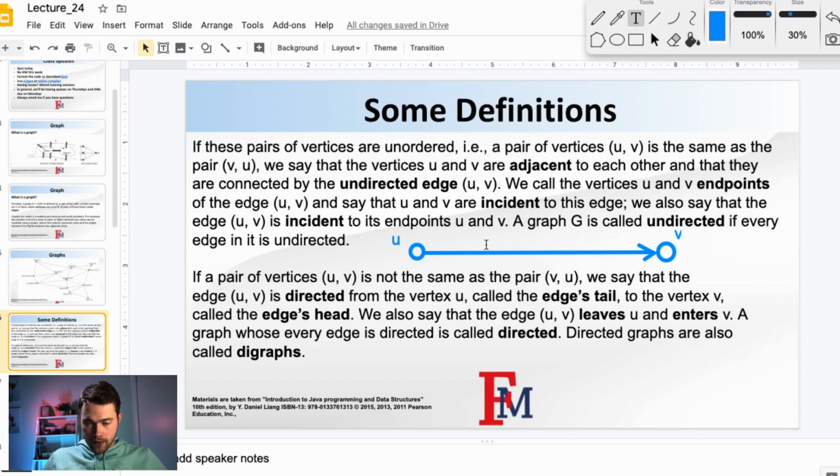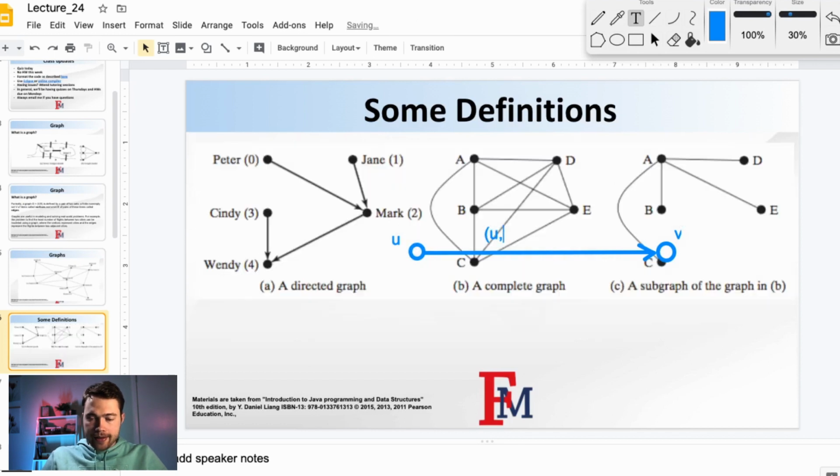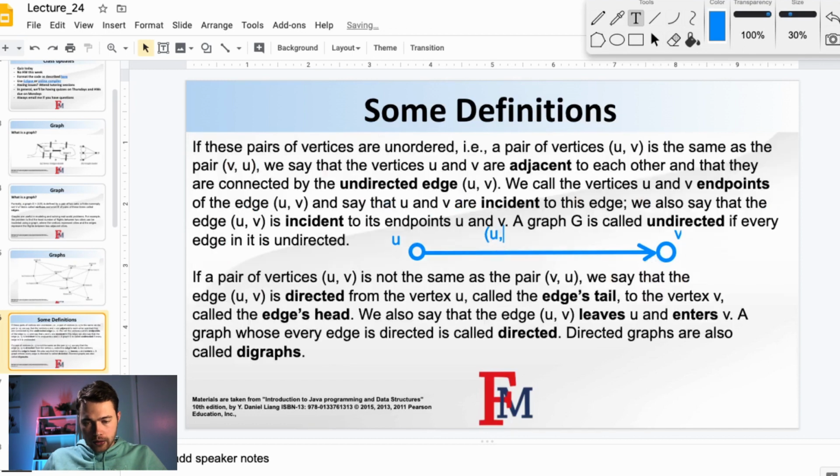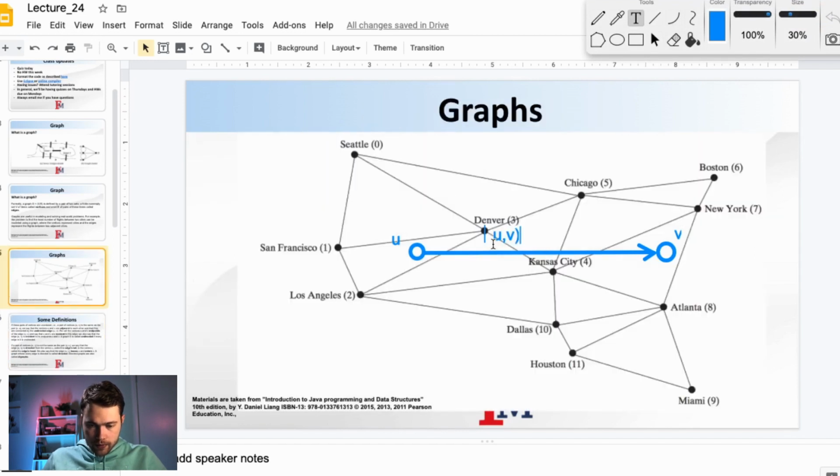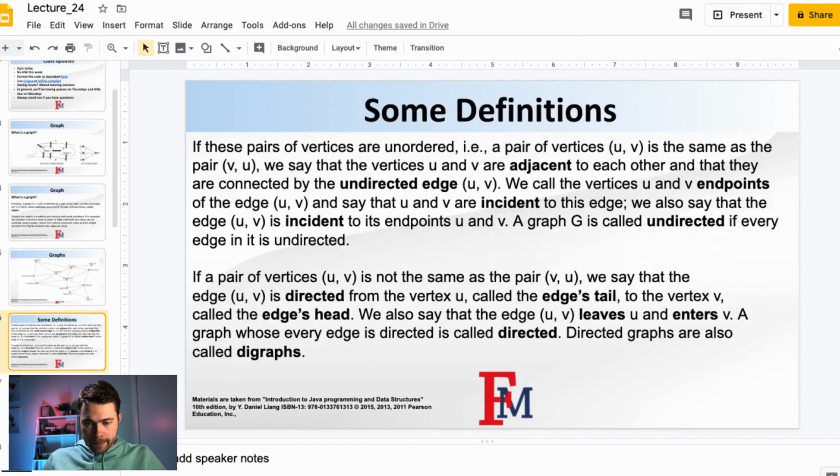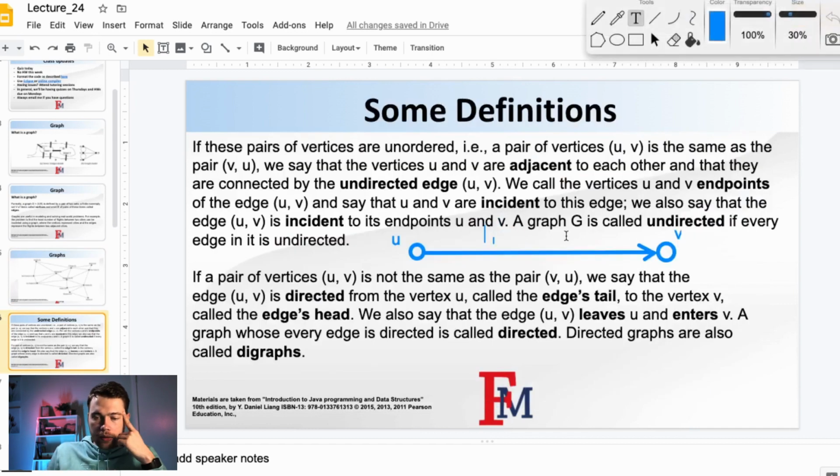So this is the edge called UV, and let's say it is directed. Hold on, one more time.